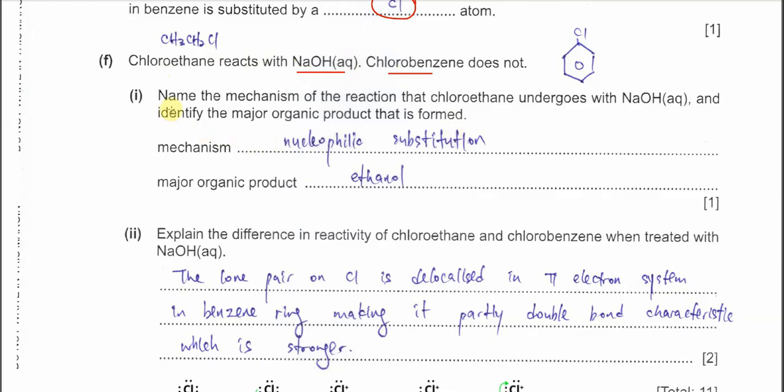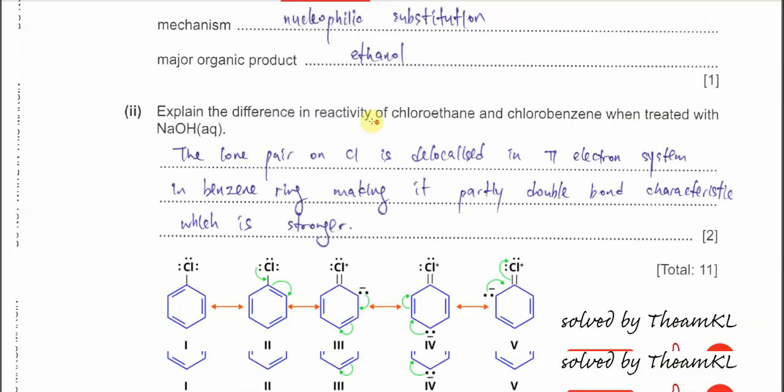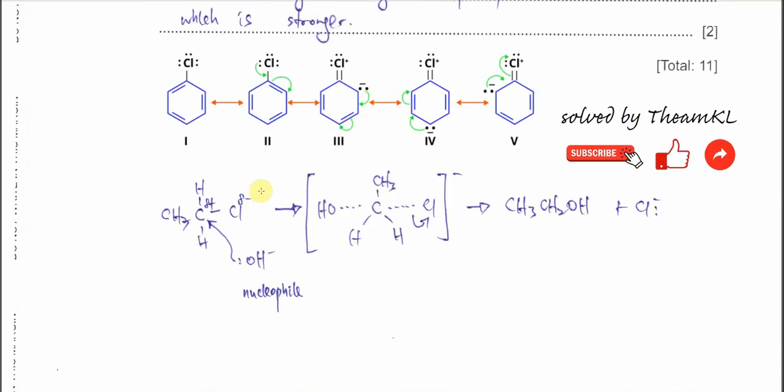First, name the mechanism of the reaction that chloroethane undergoes with aqueous sodium hydroxide. This is in AS. And identify the major organic product. So recall what you learned in AS. This one is a primary halogenoalkane. So the hydroxide will donate a pair of electrons to this partial positive carbon to form a new bond, and it will form this intermediate.